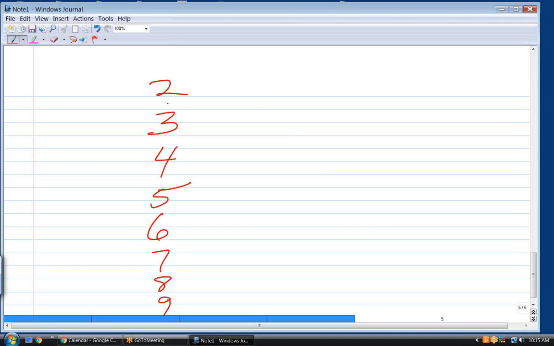In other words, if I take the number on the left and square it, what do I get? 4. 3 squared? 9. 4 squared? 16. 5 squared? 25. 6 squared?